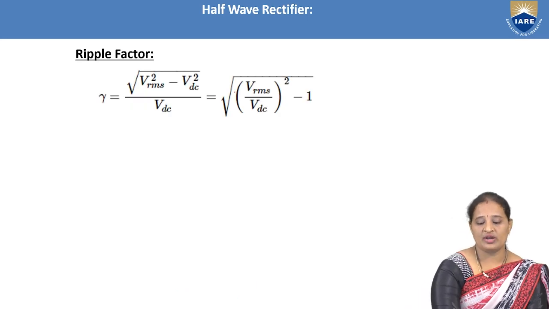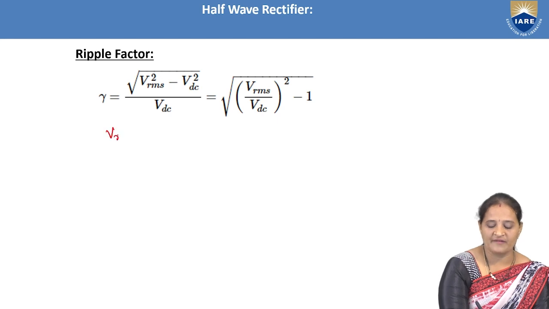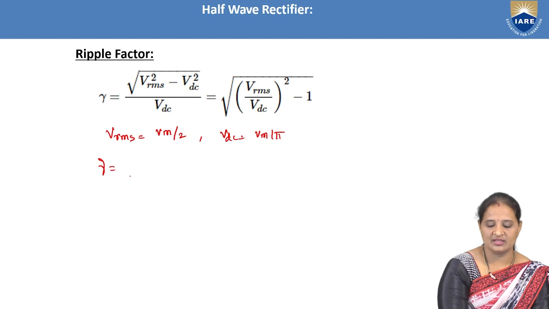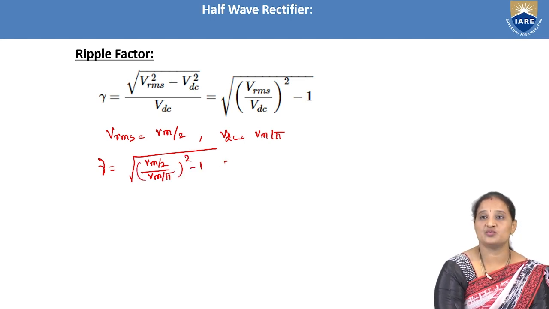Now we have already calculated Vrms and Vdc of the half wave rectifier. What is the Vrms value? That is Vm by 2, and the Vdc value is Vm by pi. Just substitute that in this equation. Then it is the square root of (Vm by 2 divided by Vm by pi) whole square minus 1.